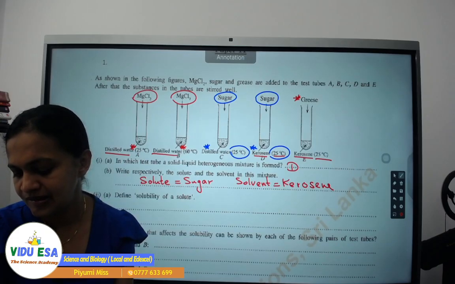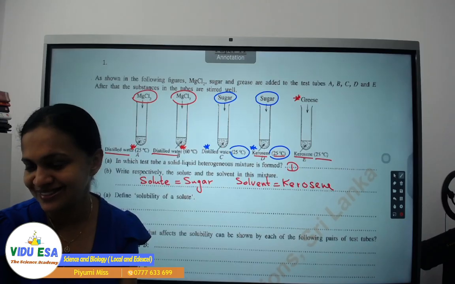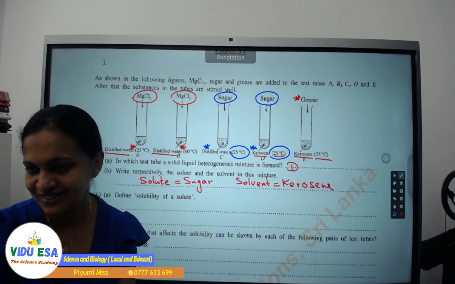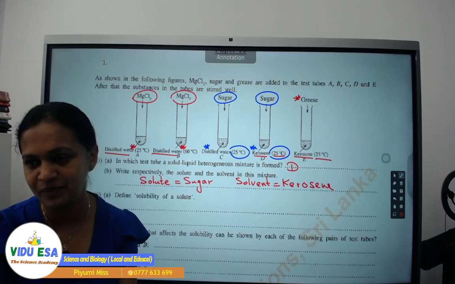Is that correct? Something is missing. What is the part that is missing? Yes, that should be the specific temperature, right?